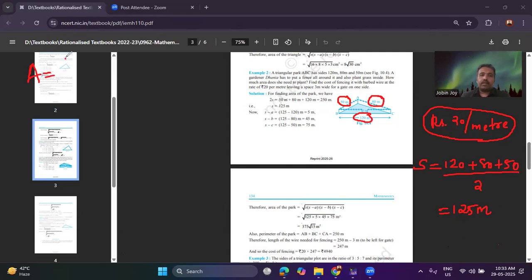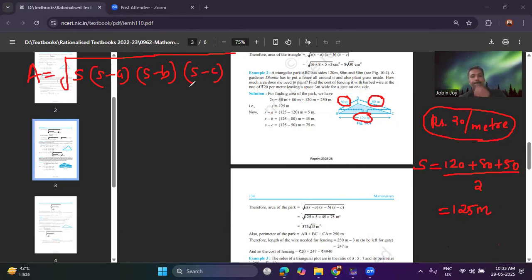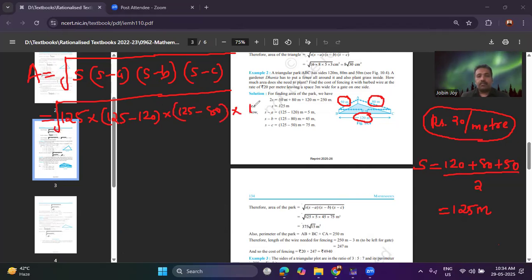Then we can calculate the area. How will you calculate the area? Square root of S into S minus A into S minus B into S minus C. That is equal to square root of 125 into 125 minus A. One side is 120, right? 125 minus 120, into 125 minus 80, into 125 minus 50.